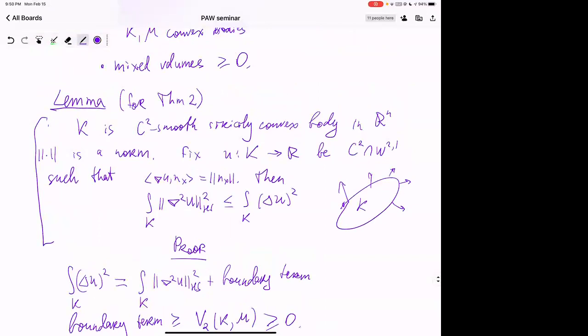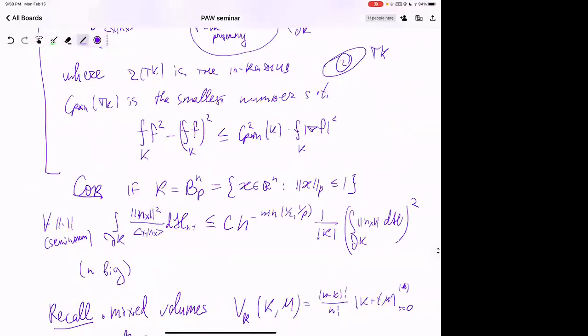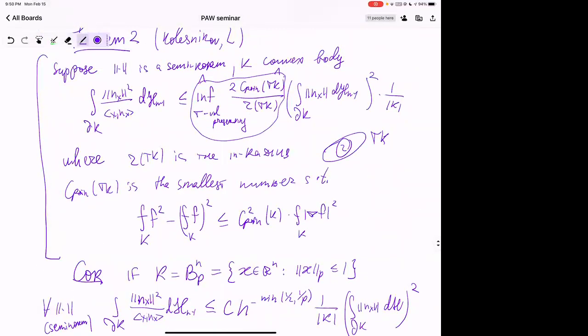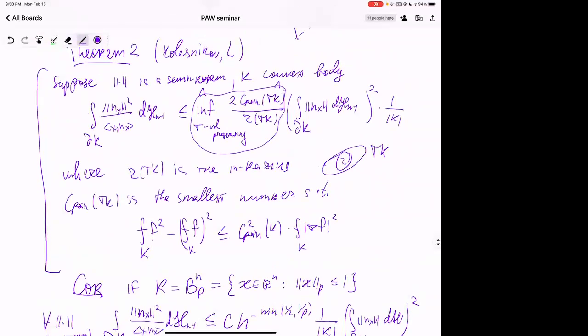Anyway, because of this lemma, we use the lemma to prove the theorem. We take the left-hand side as a normal derivative of some function with some nice property, and we argue that for any data we can have a function with that property such that its Laplacian equals whatever we want.